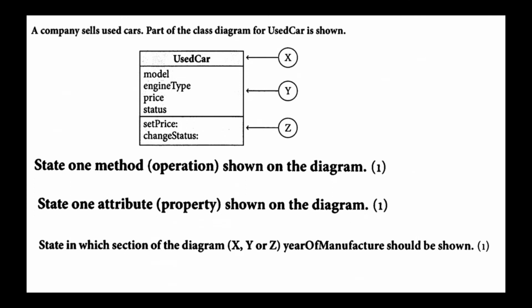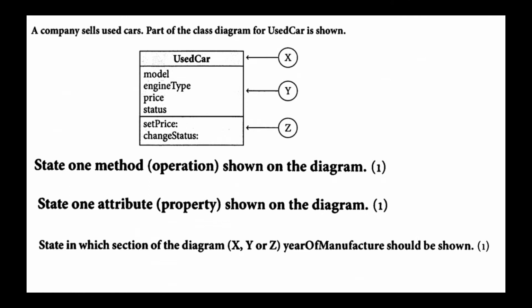A company sells used cars. Part of the diagram for used car is shown, so used car X, then within Y there's the model, engine type, price and status, then Z, set price and change status. State one method, or operation, shown in the diagram.